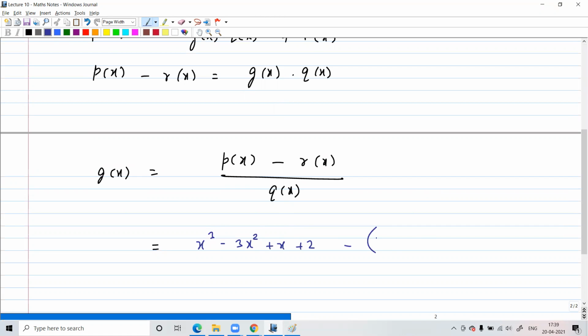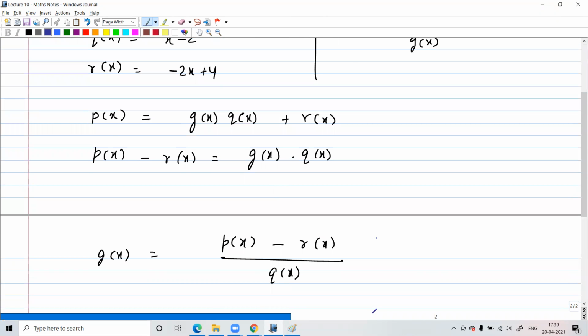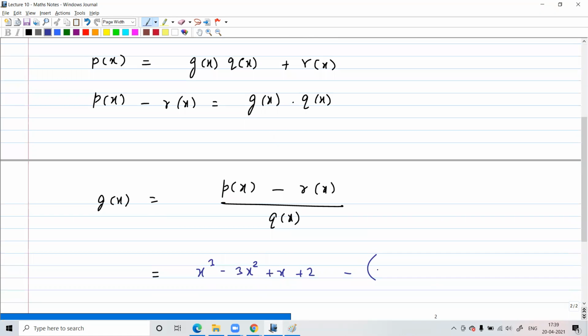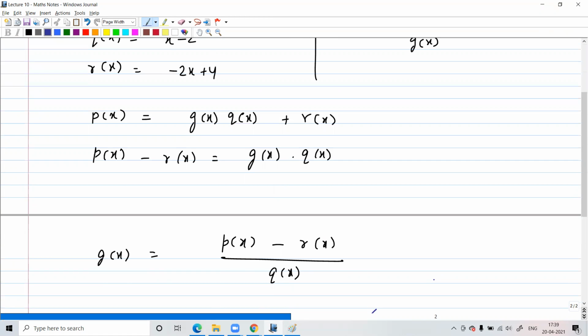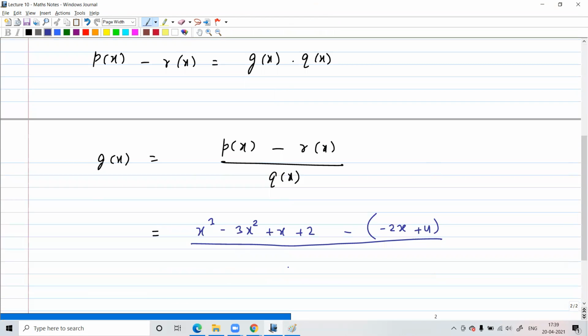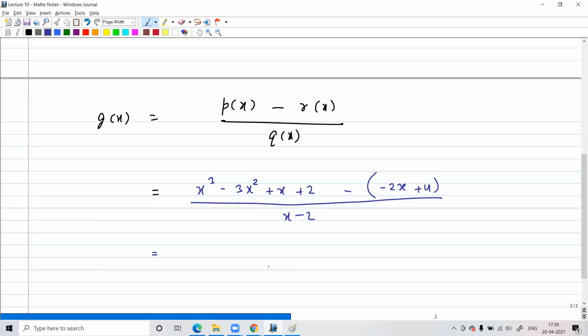And from this, you want to subtract the remainder. What was that remainder? Minus 2x plus 4. So you put a minus, and then inside the bracket, you will put minus 2x plus 4. And the whole thing you have to divide by x minus 2. Okay, simplify it. What will it be?